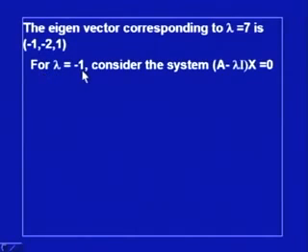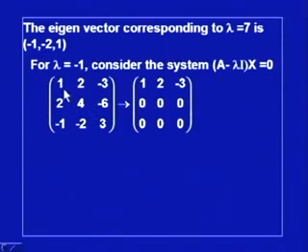For lambda equal to minus 1, we consider the system A minus lambda I x equal to 0, and this matrix A minus lambda I is 1, 2, minus 3; 2, 4, minus 6; minus 1, minus 2, 3. We apply a linear transformation on this matrix, and we find that this row and this row are proportional. Not only this row and this row, they are also proportional.